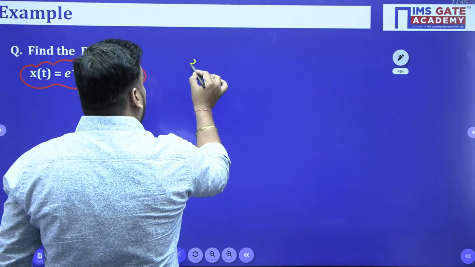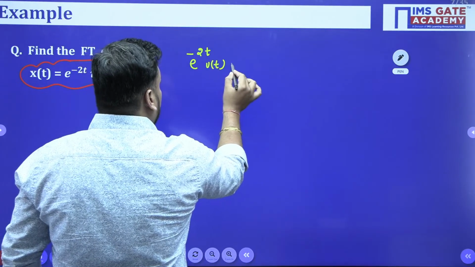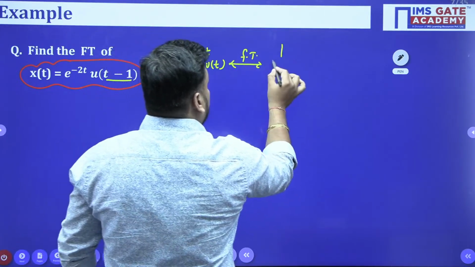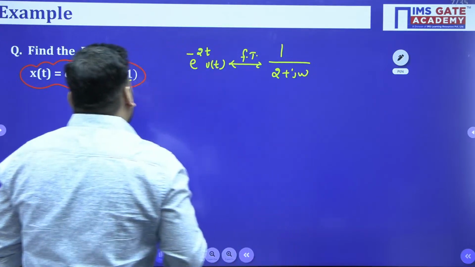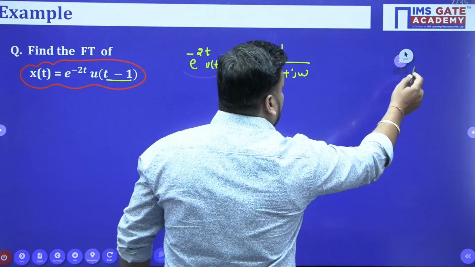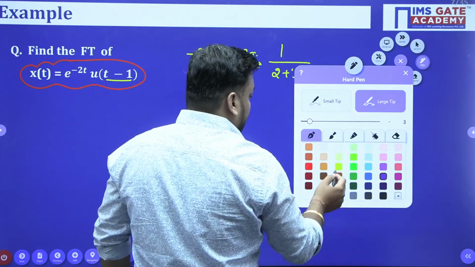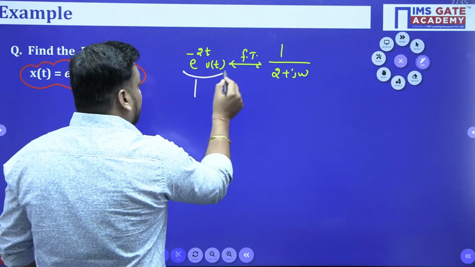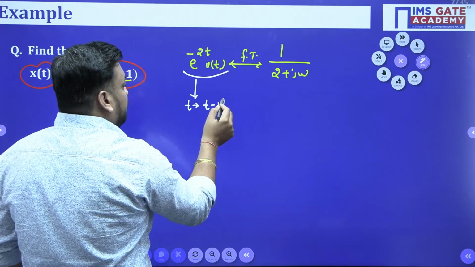Students, can we start like this? We know the Fourier transform of e to the power minus 2t u(t) is nothing but 1 upon 2 plus j omega. If I replace t with t minus 1, then time shifting will be there.